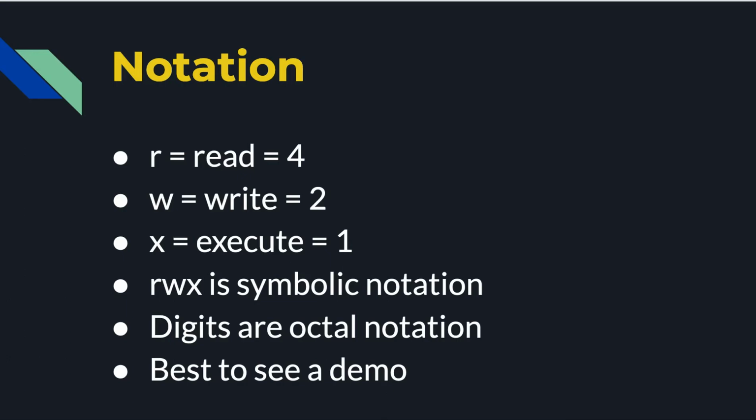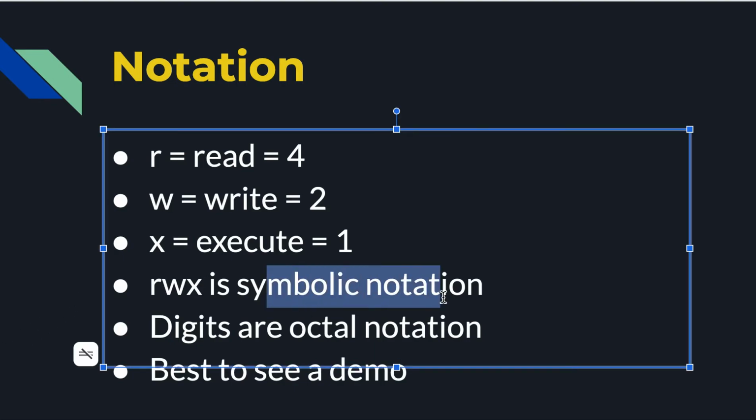Now, the notation that's typically given is RWX, and that signifies the symbolic notation. If you see the 4, 2, and 1, that is what they call octal notation. And it's typically more concise, and I'll show you examples of each as we do this.